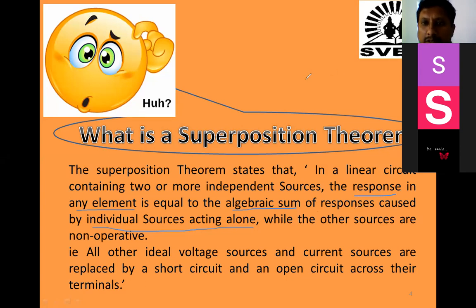So first we can discuss the second line, the response in any element. For that, I will take one example. Suppose this is the voltage source. You can take 10 volt. Suppose this is 5 ohm. Suppose this is 10 ohm.